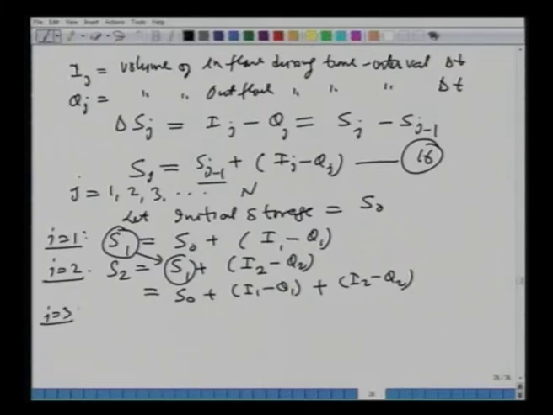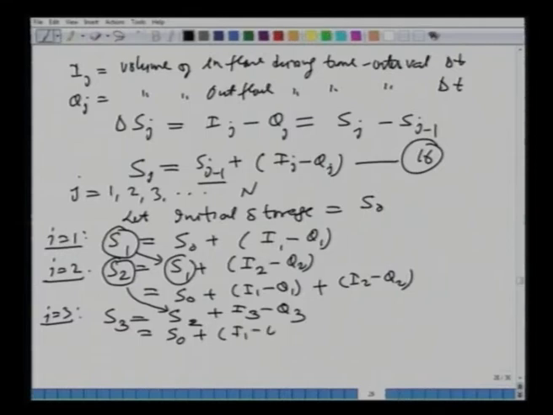Similarly, for j is equal to 3, you will have S3 is equal to S2 plus I3 minus Q3, and the value of S2 we put from here into this, and that will give you S0 plus I1 minus Q1 plus I2 minus Q2 plus I3 minus Q3.